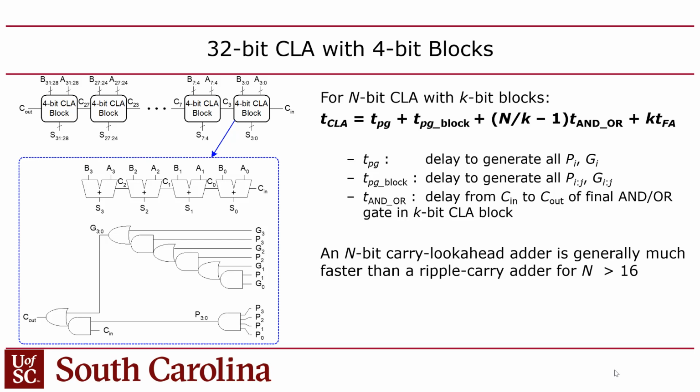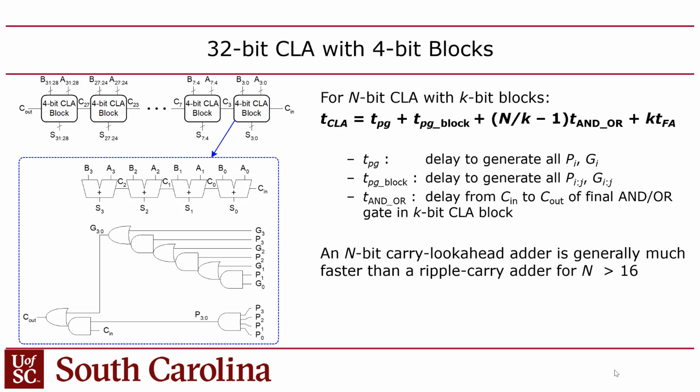Notice there's a minus 1 there. You're going to go through 7 of these little double gate things, because the first one you get as part of that first PG block.